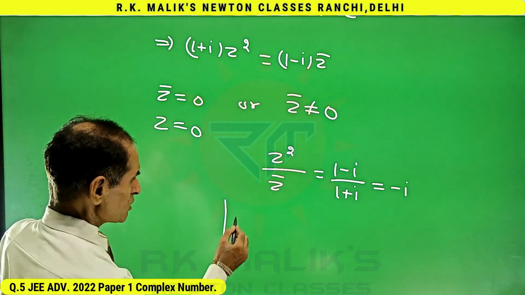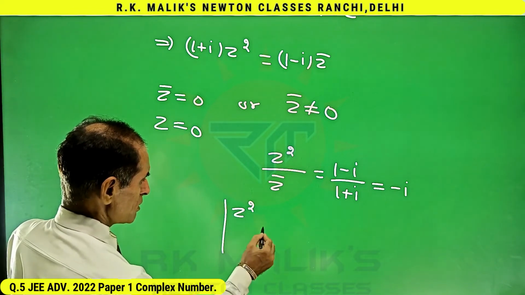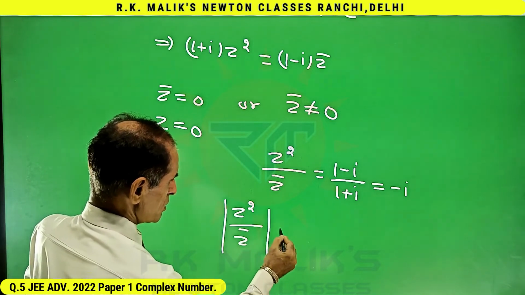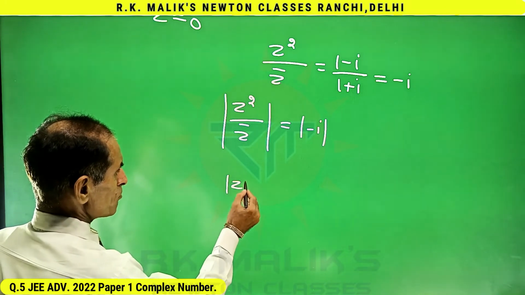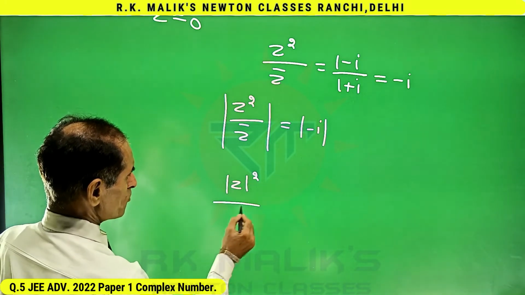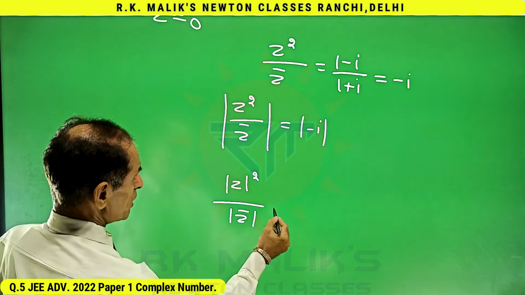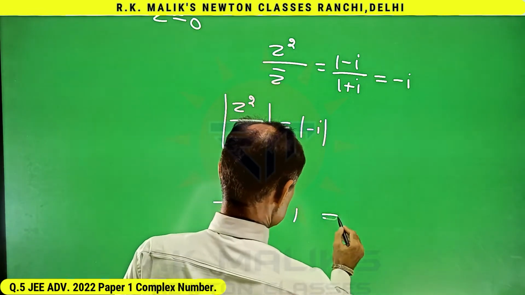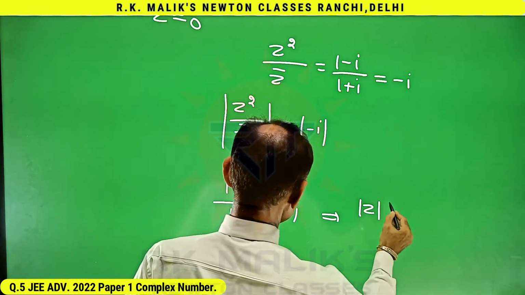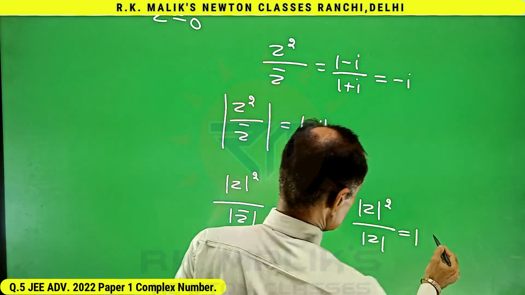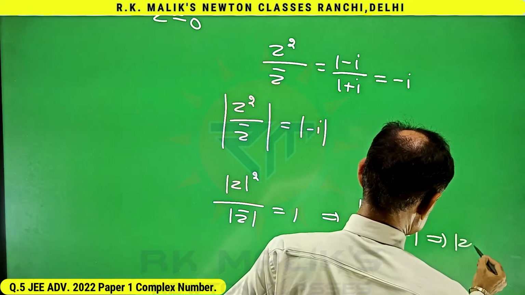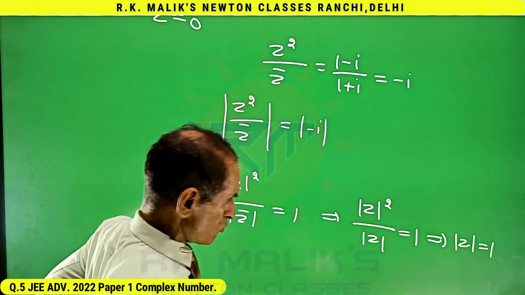If I take modulus on both sides, then I will be getting mod z square upon mod of z bar equal to 1. That is mod z square upon mod z equal to 1, which means mod z equal to 1.